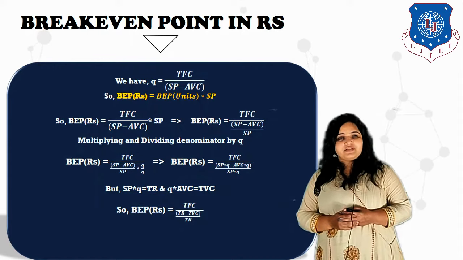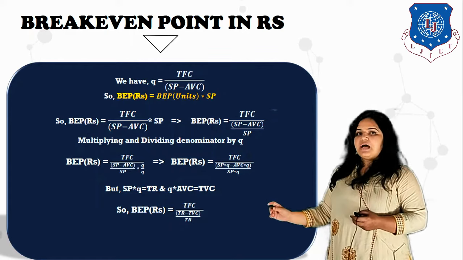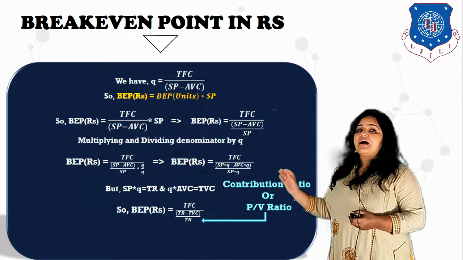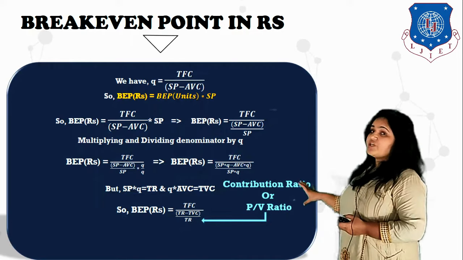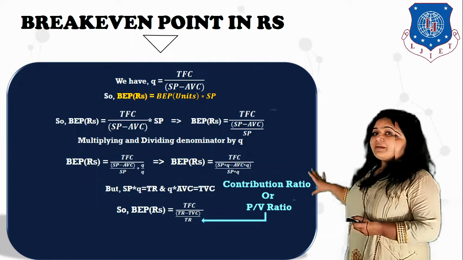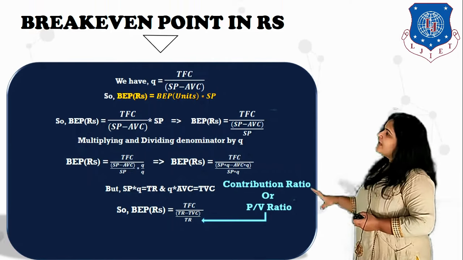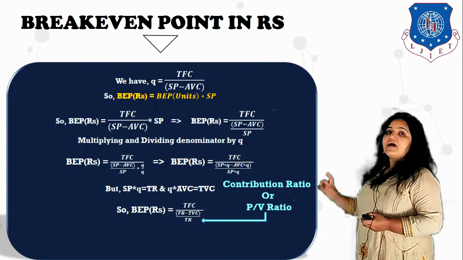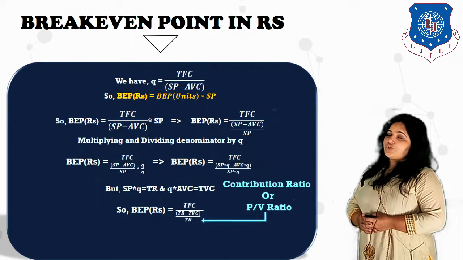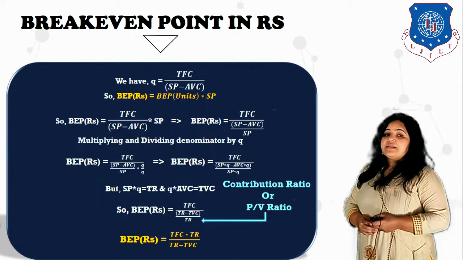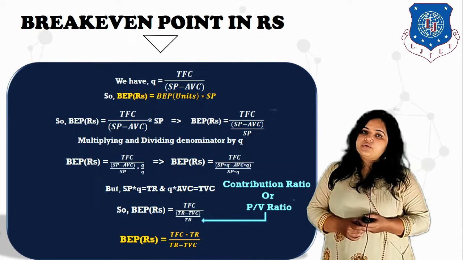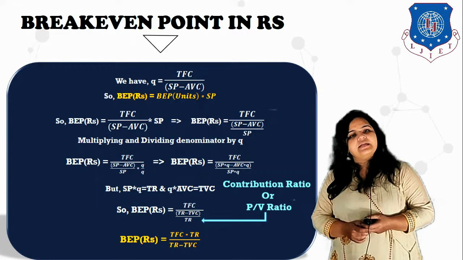Remember this formula. In this formula, the denominator TR minus TVC upon TR is also known as contribution ratio or profit to volume ratio, which is P by V ratio. Remember this thing, students. Hence, we can conclude that BEP in rupees is equal to TFC into TR upon TR minus TVC.